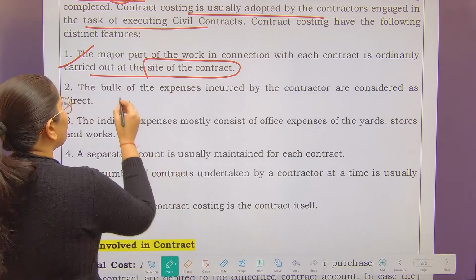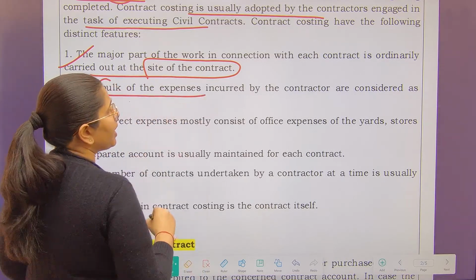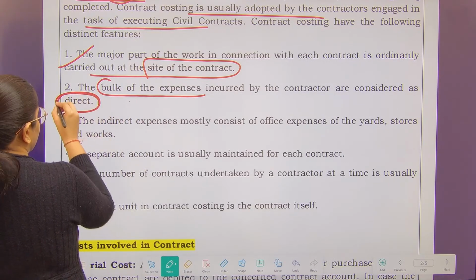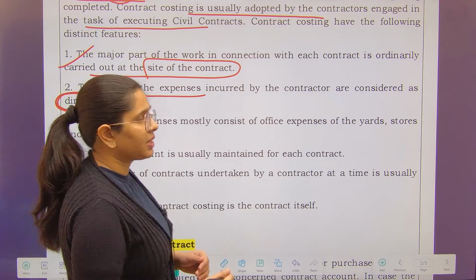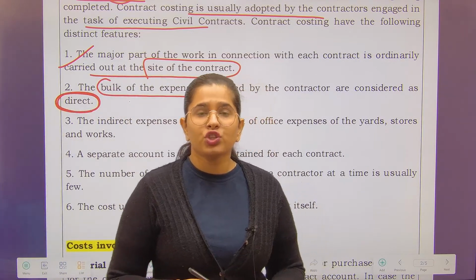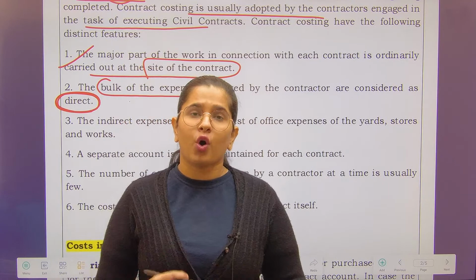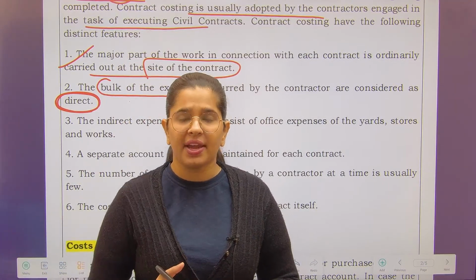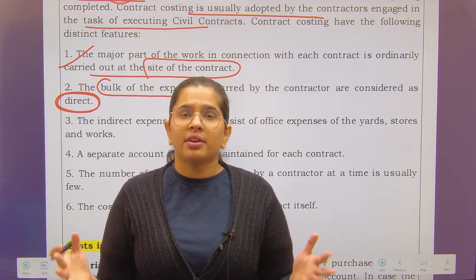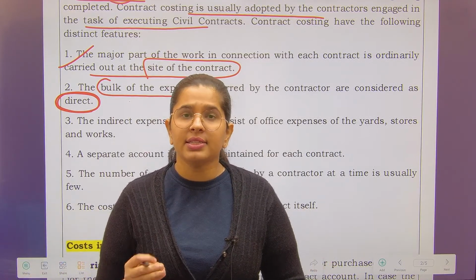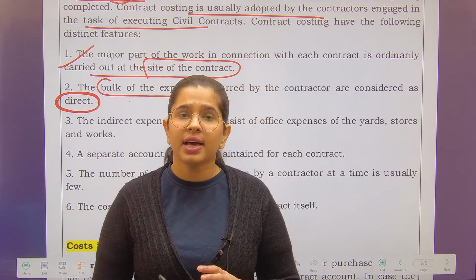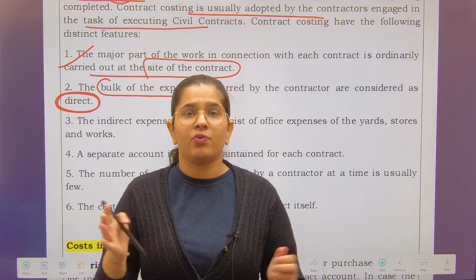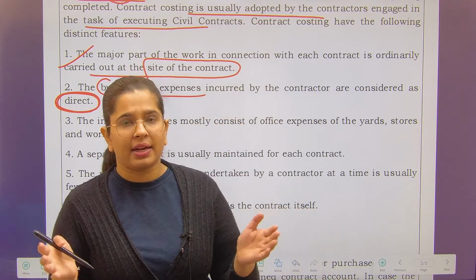Next, the bulk of expenses incurred by the contractor are direct expenses. See, what are direct and indirect expenses? Such expenses which are very important to incur for the completion of the contract and which can be identified in the final result are called direct expenses, whereas indirect expenses are those which are ancillary to the main expenses, which help the main activity.